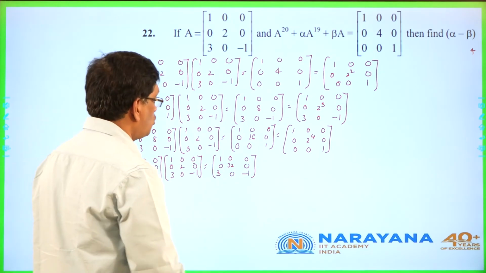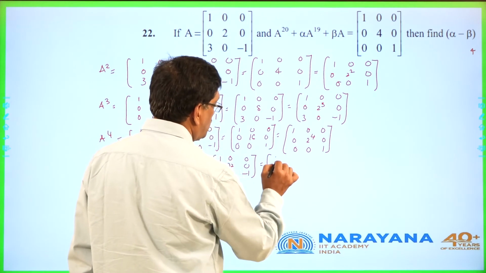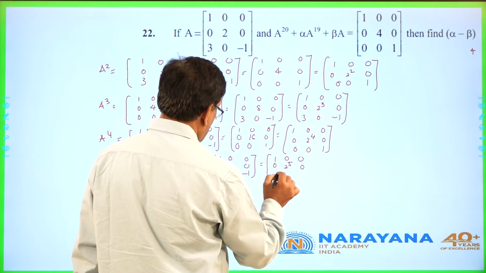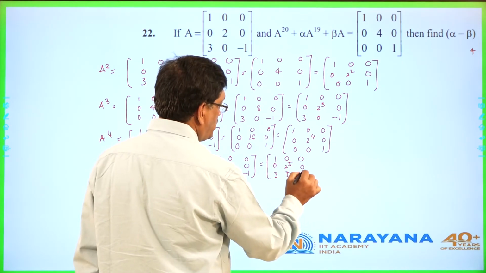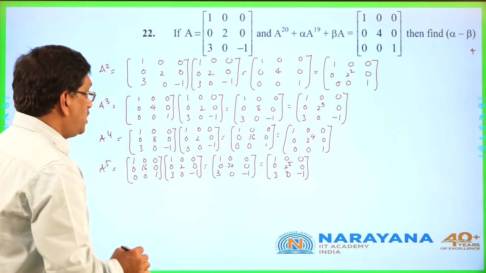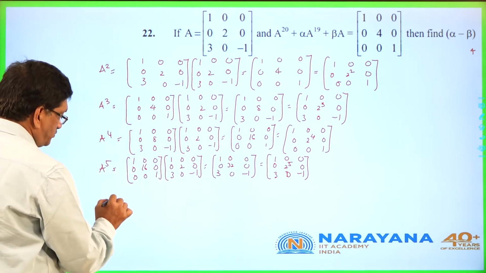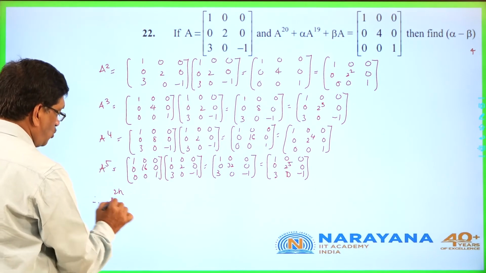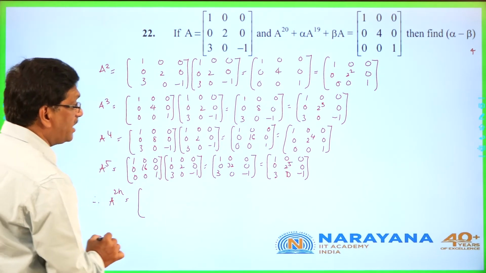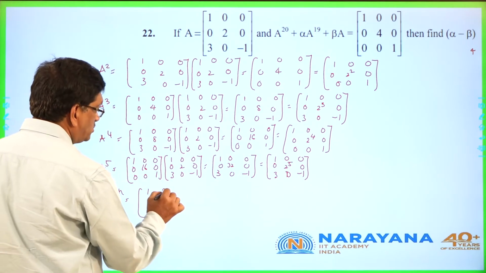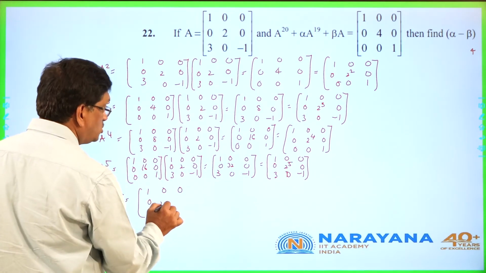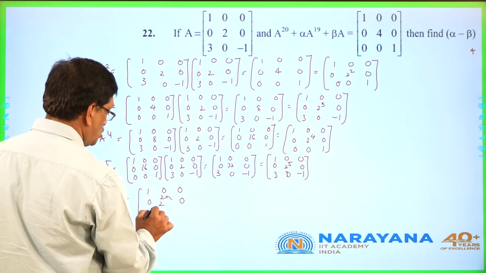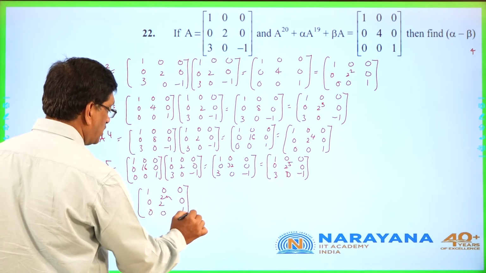Right. Now please observe the logic behind this problem. I think you have already observed a power even, a power 2n. So a power 2n will be 1, 0, 0, 0, 2 power 2n, 0, 0, 0, 1.